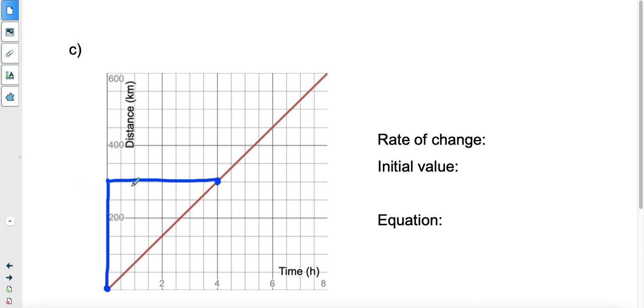The rise, well, we can see this line goes up to the value right in the middle, between 200 and 400. That's 300. So I can tell my rise is going to be 300 kilometers. My run, how much this goes to the right, is 4 hours.